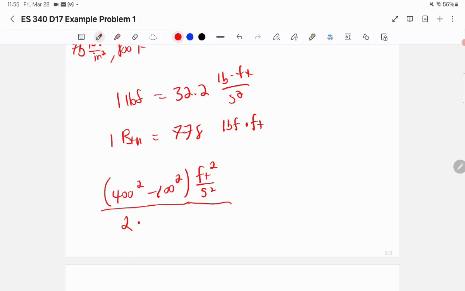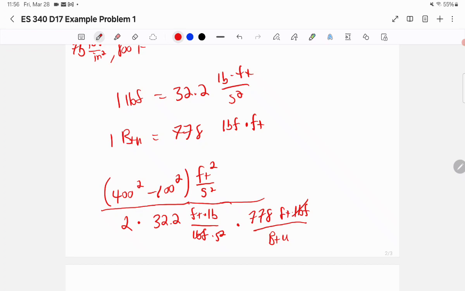So 2 times 32.2 foot times pound per pound force second squared. And then this is going to be times 778 foot pound force per BTU.